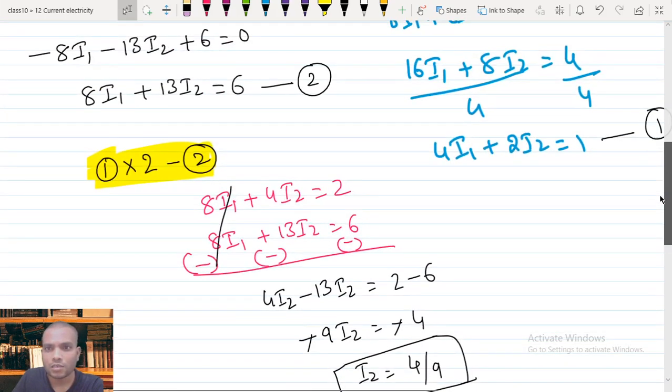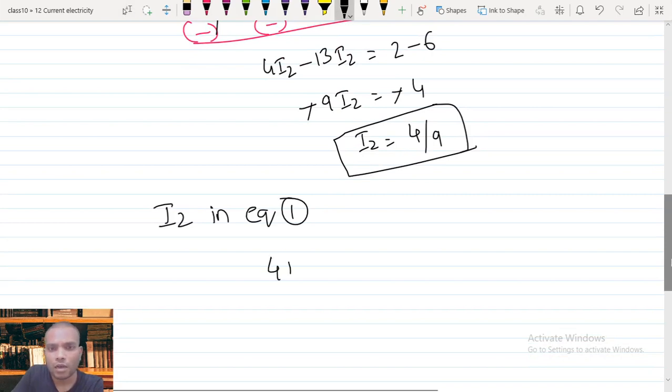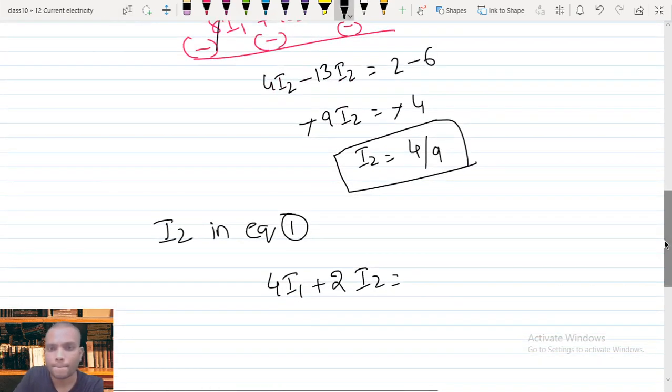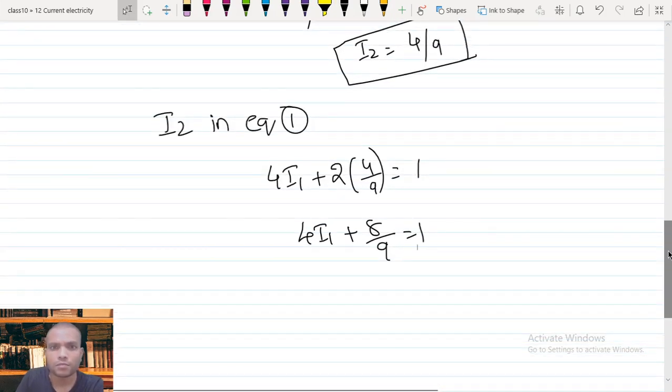So equation 1 is 4I1 plus 2I2 equals 1. In place of I2, if I take the number 4 upon 9, therefore 4I1 plus 8 upon 9 equals 1. So let's solve this. 4I1 equals 1 minus 8 upon 9.